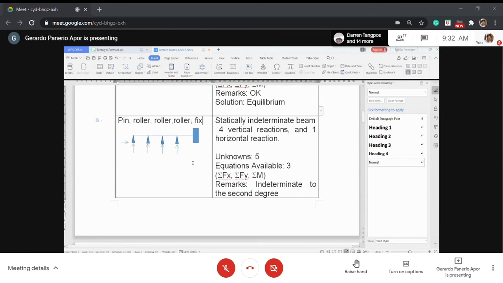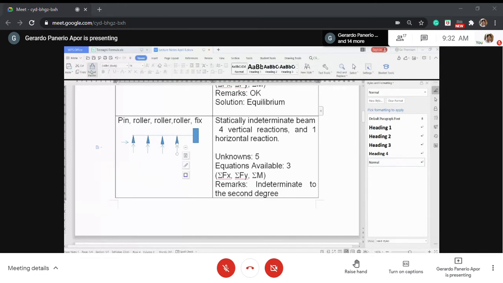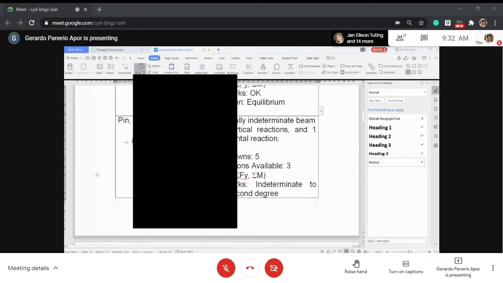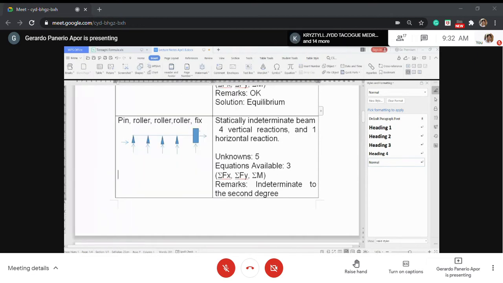So you know what a fix can do? It can support a vertical reaction. It can support a horizontal reaction. And it can support also a moment. Okay, we'll make a moment, but I do not know how to make a curve, so I'll just try to make a curve.